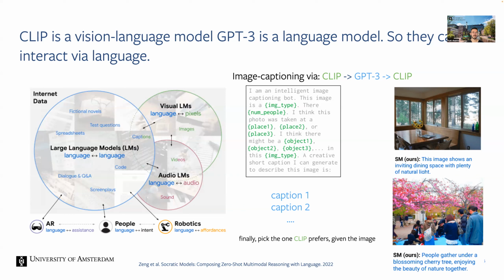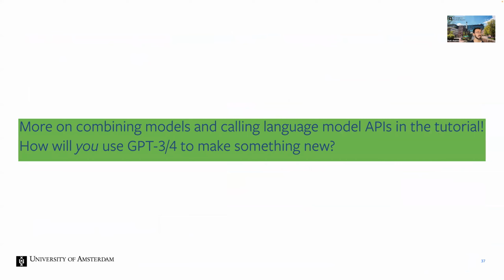I think they test for that as well, but we don't know what exactly GPT-3 was trained on, so there's somewhat of a caveat here. More on combining and calling language model APIs in the tutorial: how will you use these models to make something new, or other models, of course.